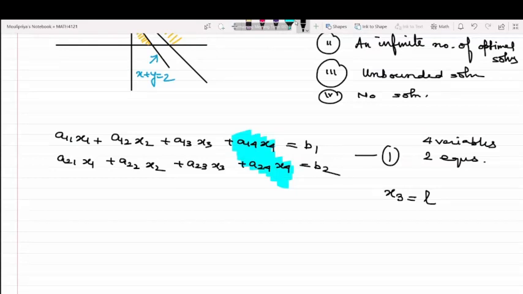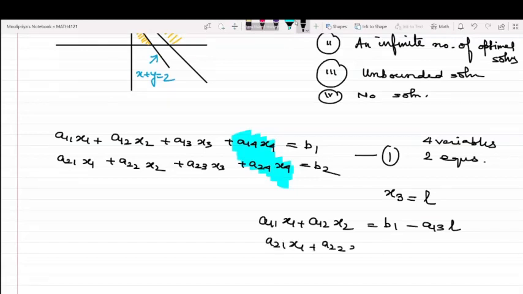Now the system can be regarded as a11 x1 plus a12 x2 equal to b1 minus a13 L, and a21 x1 plus a22 x2 equal to b2 minus a23 L. Am I correct with this? So now we are converting the given system to two equations in two variables, which has a solution.